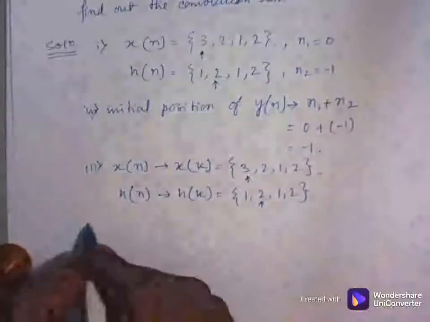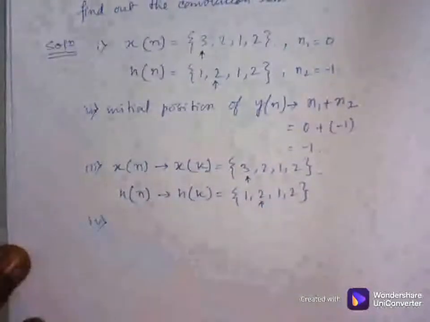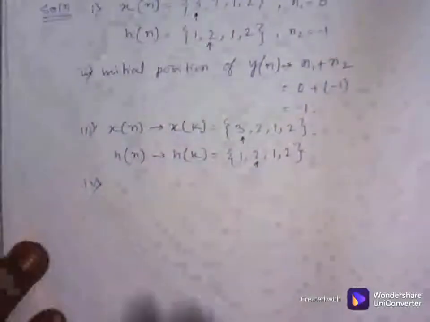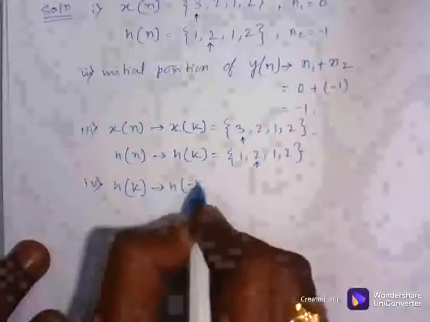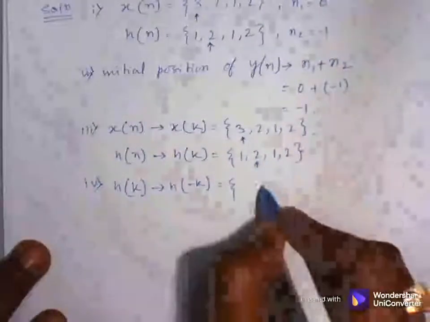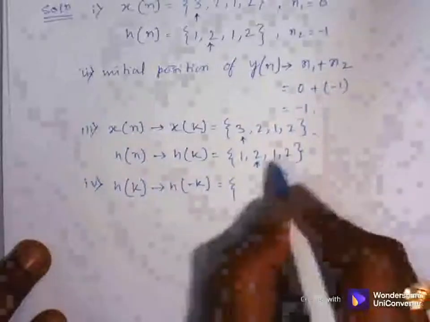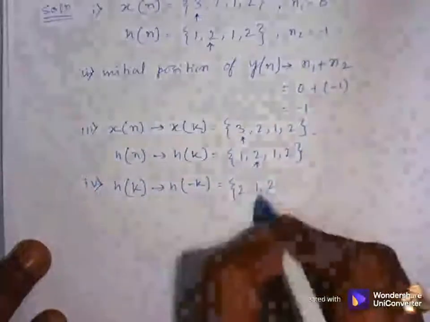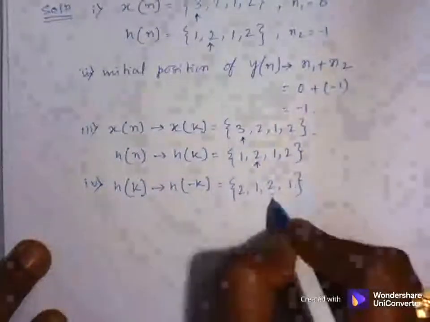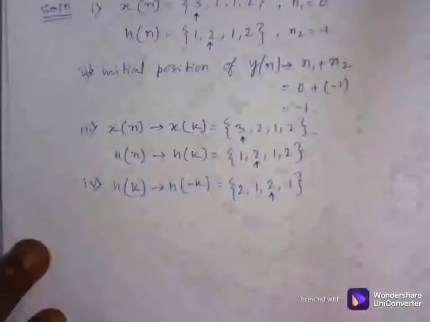Now step 4, fold the h of k. Now h of k becomes h of minus k, then the sequence will be 2 1 2 1. I have to fold the signal.